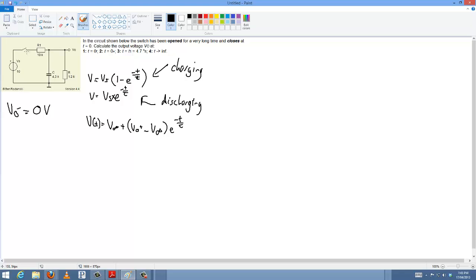And when it directly closes, at V0 plus, because it doesn't get the charge, there's no voltage as well. It takes time to charge, obviously. Skip Vt for now and then go to V infinity.